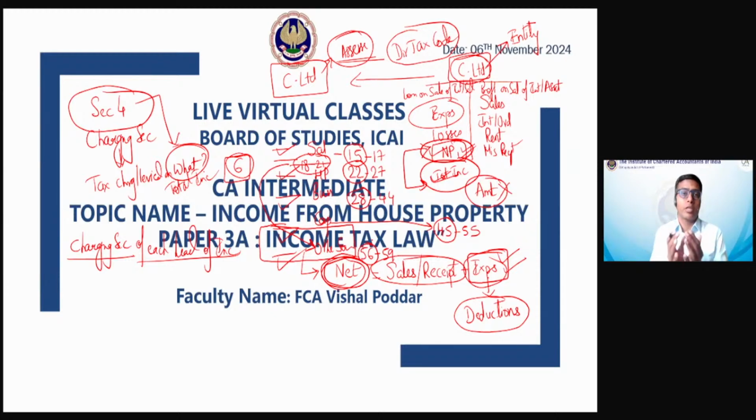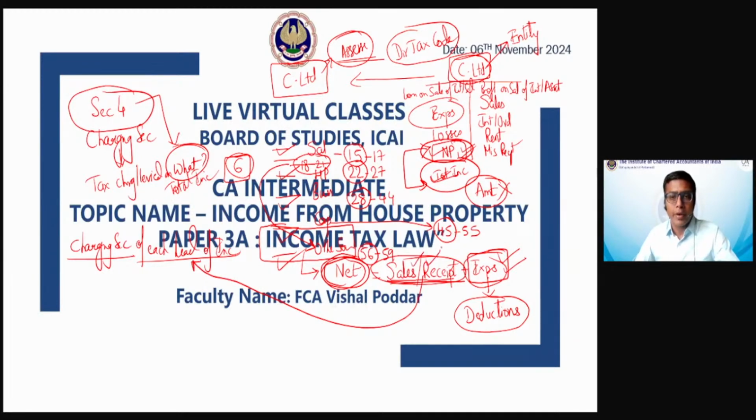They have used certain terminologies of which you will refer to the definition in section 2. And according to that, only you will be able to identify as to what will be covered in that particular head. So once you identify this, that which receipt will fall under that head. And how will you identify this? What receipt will fall under which head? On the basis of the charging section of each head.